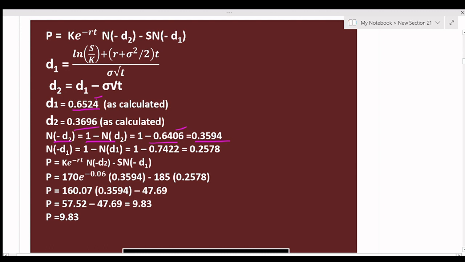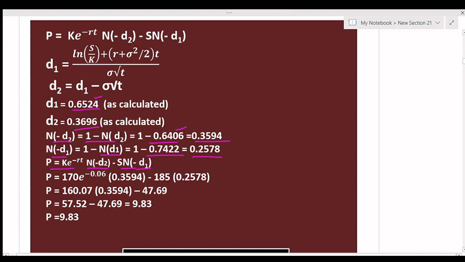N(-D1) is 1 minus N(D1), which is 1 minus 0.7422, equal to 0.2578. Now P is equal to K into e to the power minus RT into N(-D2) minus S into N(-D1).